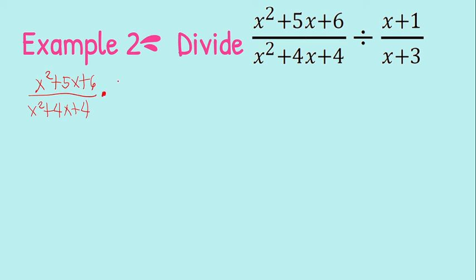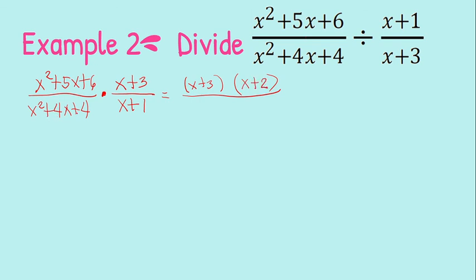Then, get the reciprocal of the divisor, which will become x plus 3 over x plus 1. Then, factor x squared plus 5x plus 6. We don't have common factors, so we can proceed to factoring using general trinomial factors. Think of two numbers that when you multiply is positive 6, and when you add is 5. That is x plus 3 and x plus 2.